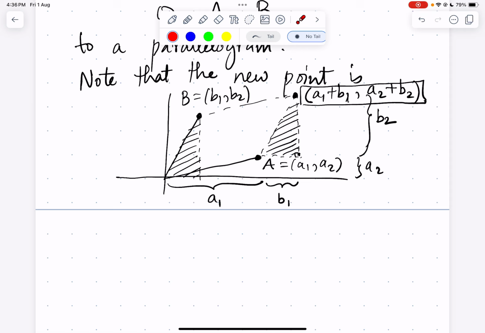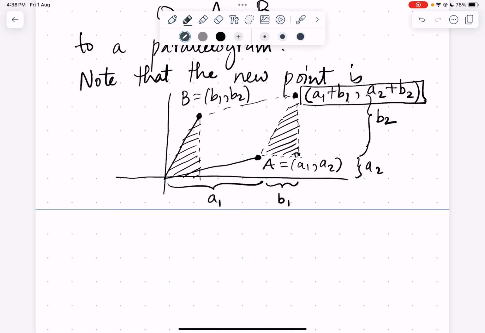So a1 plus b1. Similarly, the y coordinate of the fourth point is a2, this height, plus this height. But since this is a parallelogram, this height is just the height of b. So a2 plus b2 is the height of the fourth point. So the coordinates of the fourth point are a1 plus b1 comma a2 plus b2.